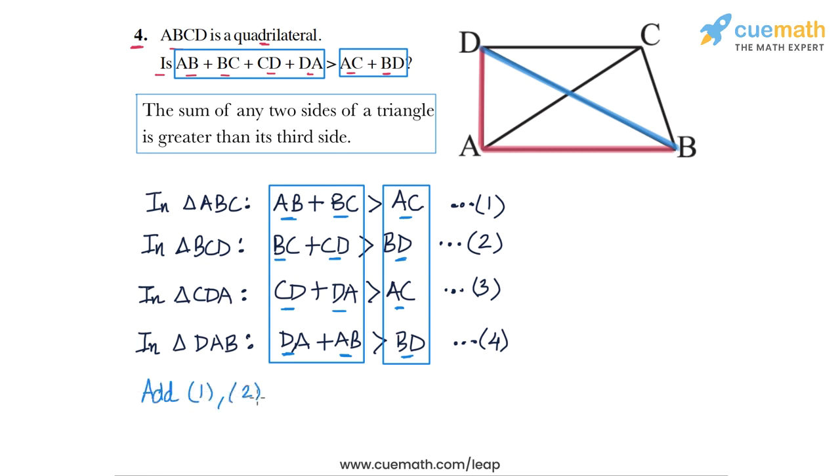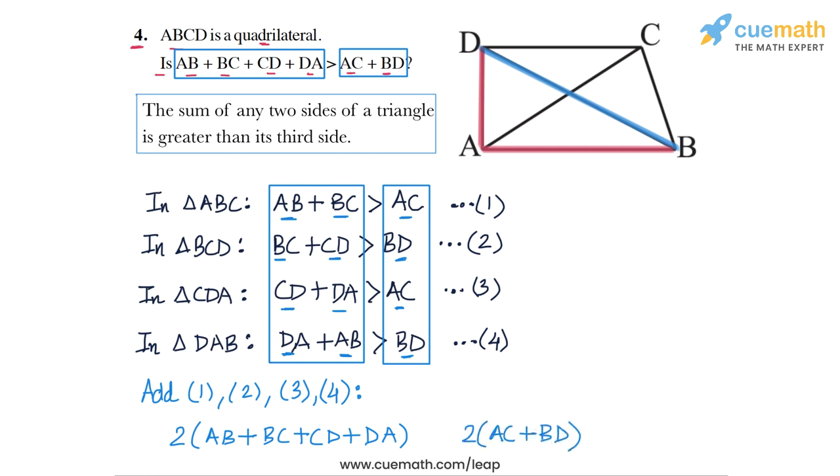So we add 1, 2, 3 and 4, and that means on the left side we will get twice the sum of the four sides because each side is coming twice. So we will get twice of AB plus BC plus CD plus DA, and on the right side we will get twice of the sum of the two diagonals, so twice of AC plus BD, and of course the left side will be greater than the right side.